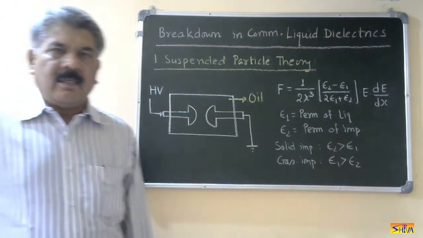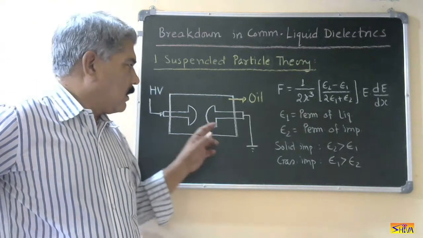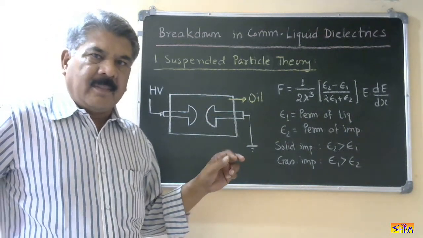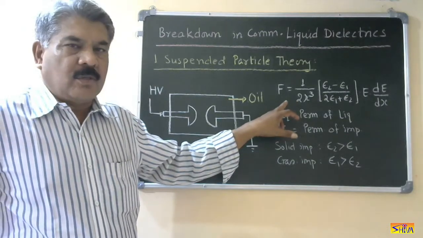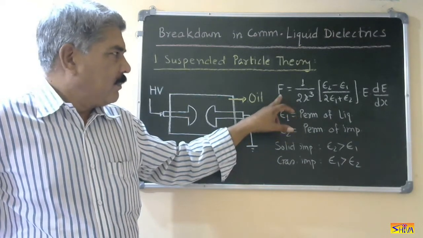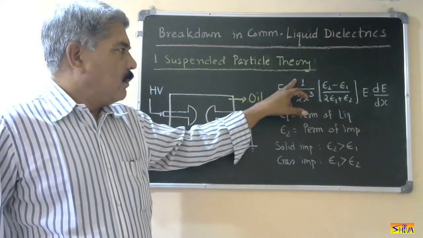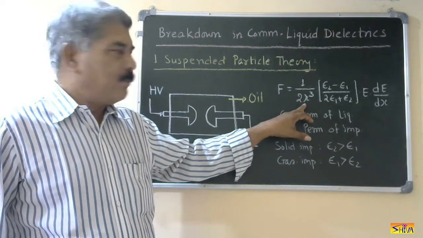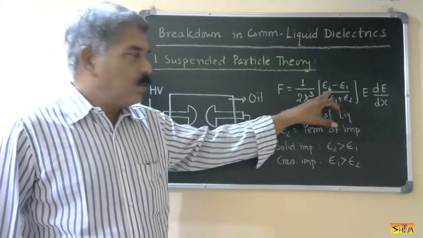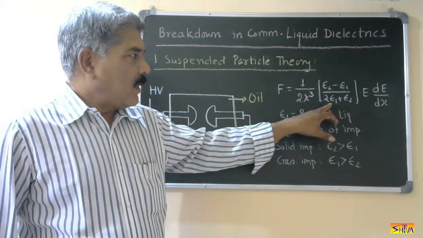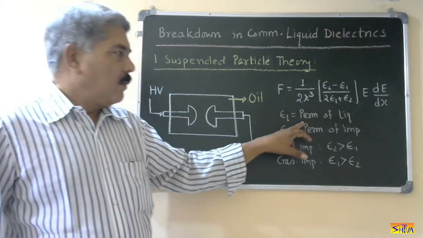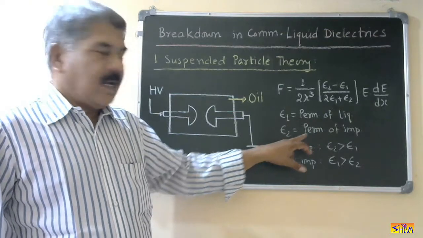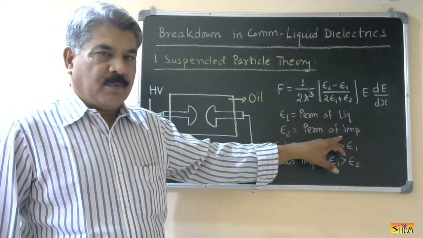Now, when these impurity particles come in the area of this electric field, they experience a force of attraction or repulsion. This force is given by 1/2 r^3, where r is the radius of that spherical impurity, times (epsilon 2 minus epsilon 1) divided by (2 epsilon 1 plus epsilon 2), where epsilon 1 is the permittivity of the liquid dielectric and epsilon 2 is the permittivity of the impurity.